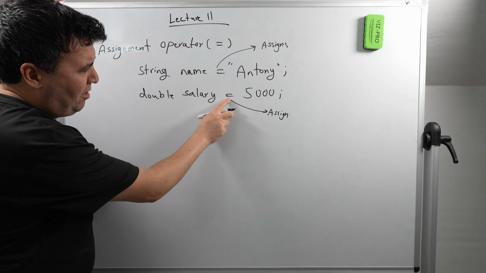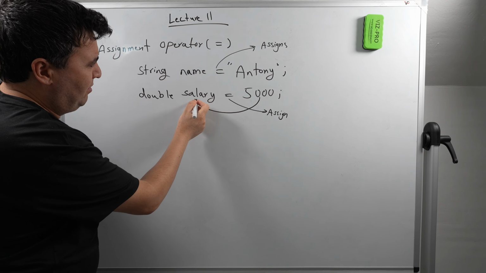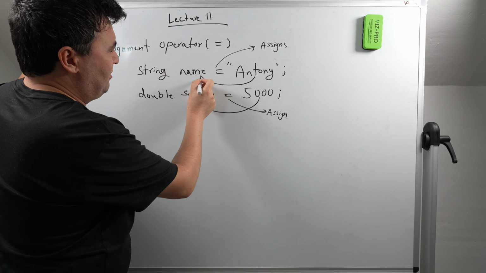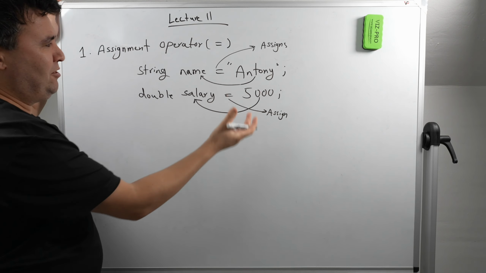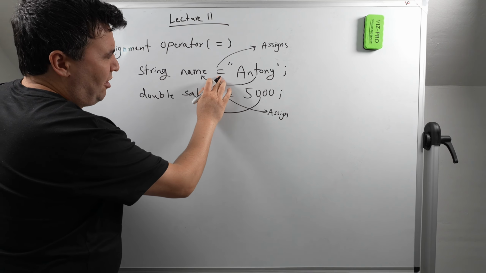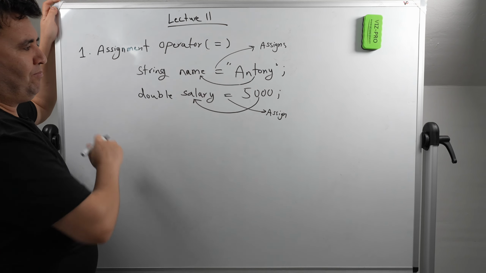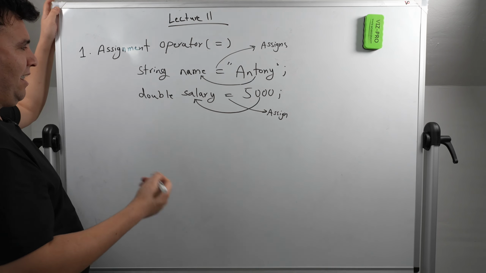So we use the assignment operator to assign a value to this variable and to assign this value to this variable. Like here, our value of a string is the name Anthony, and using the assignment operator, we store that value inside the variable.